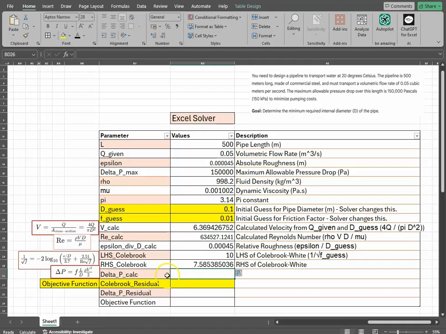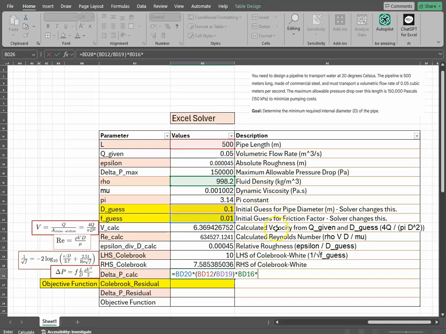Then we have to calculate delta P. Delta P we have to calculate. So that is nothing but F into L by D. So L is already we know that 500 divided by D. D is the guess value, L by D. Then multiply rho is here, into V square.